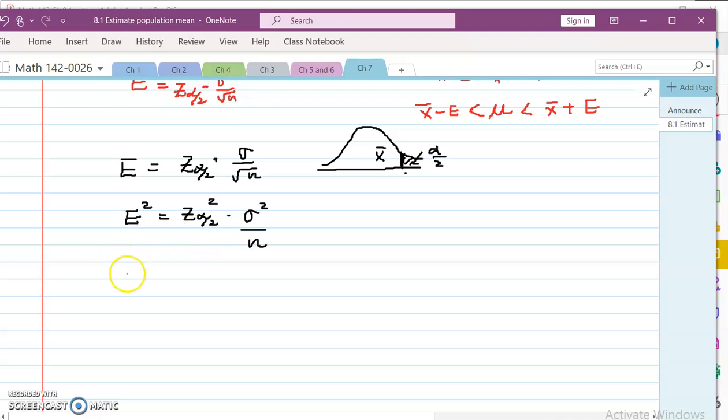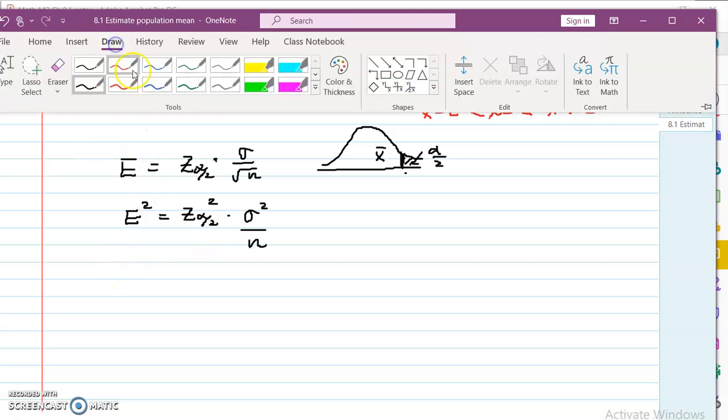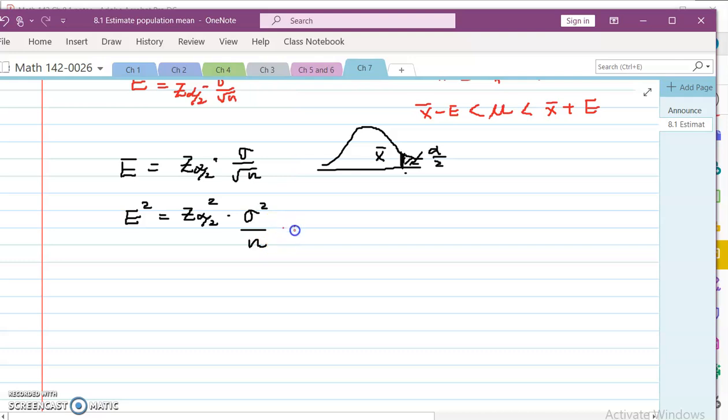Then we multiply both sides by n, so n e squared equals z alpha over 2 squared times sigma squared. Then divide both sides by e squared, so n is z alpha over 2 squared sigma squared over e squared.